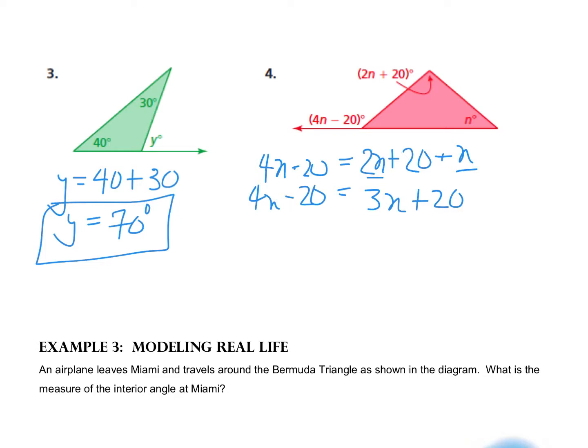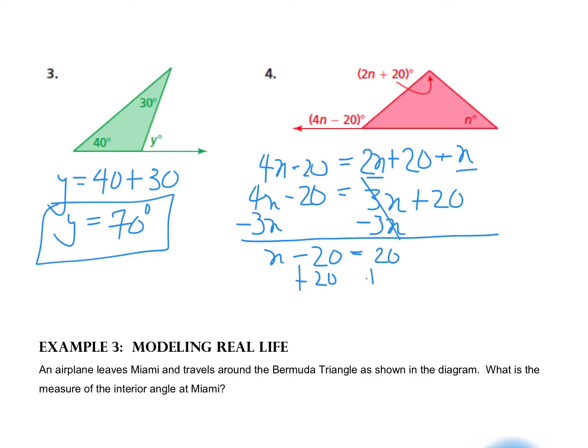I want to get my variables on the same side, so I'm going to bring them to the left, mostly because it will give me a positive n when I subtract 3 n's. The 3 n's will cancel there. This will give me n minus 20 equals 20. Then I just need to add the 20 over, and again I add it to both sides.